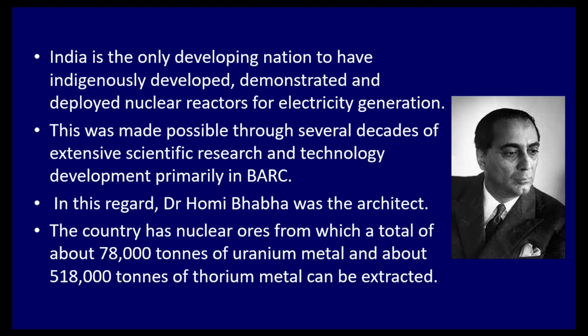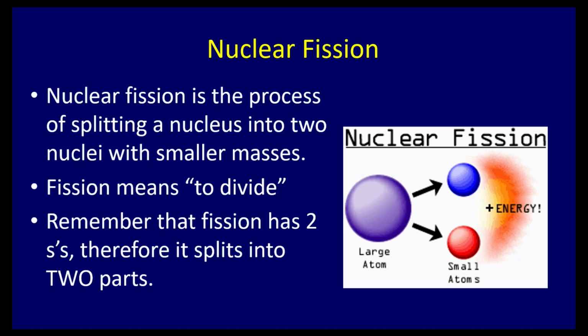Now before going into this nuclear technology, let us try to understand nuclear fission. Nuclear fission is the process of splitting a nucleus into two nuclei with smaller masses. This large mass splits into small mass atoms, and it also produces energy, as we have already discussed.